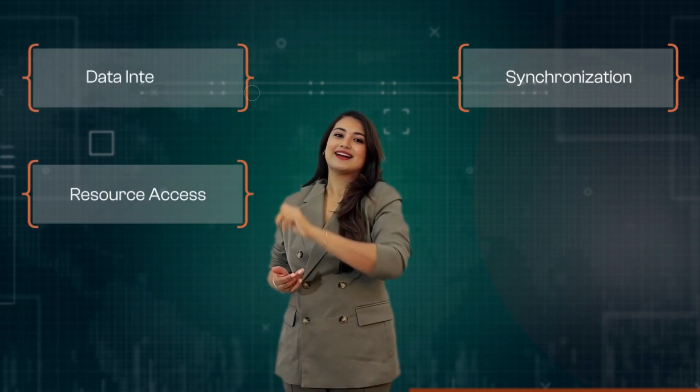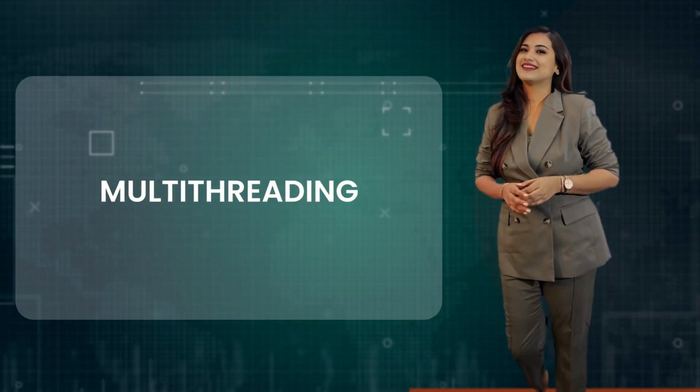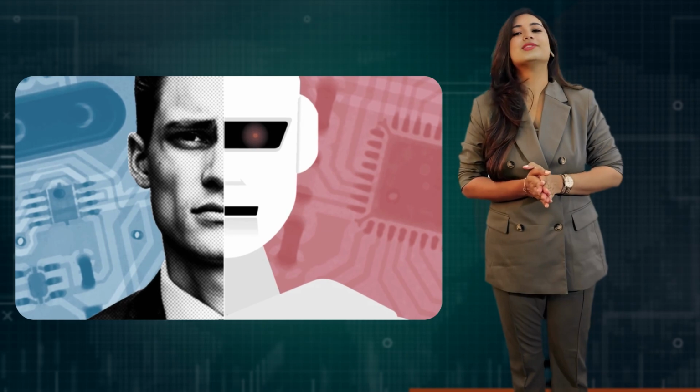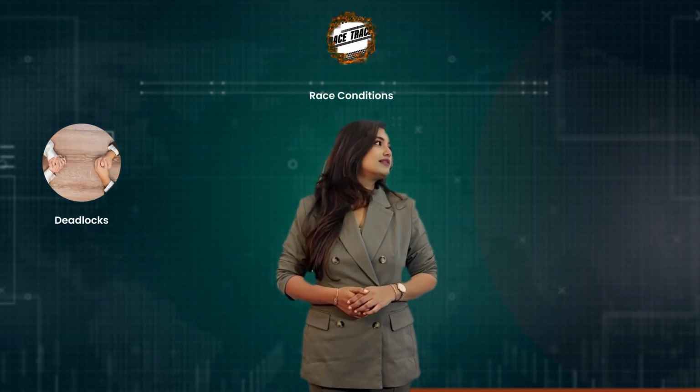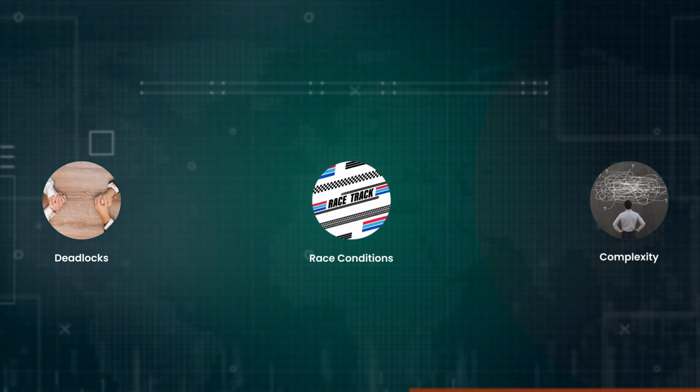Thread synchronization is vital to prevent data inconsistency and ensure that only one thread accesses a resource at a time, maintaining data integrity. Multi-threading allows multiple threads to run concurrently, improving the performance of complex applications by dividing tasks and optimizing resource use. However, threading comes with risks like deadlocks, race conditions, and increased complexity, which require careful management and thorough understanding.